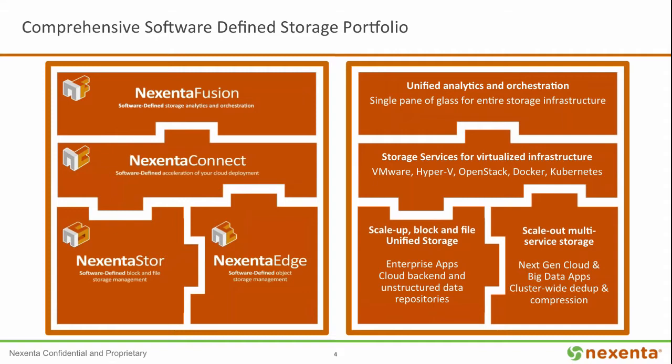Our Connect feature set is about connecting into third-party platforms and applications, and providing integrated support for your solutions. And then Nexenta Fusion, our single pane of glass analytics for our Nexenta platforms, primarily focused today on Nexenta Store, and we'll talk more about the features in future sessions.